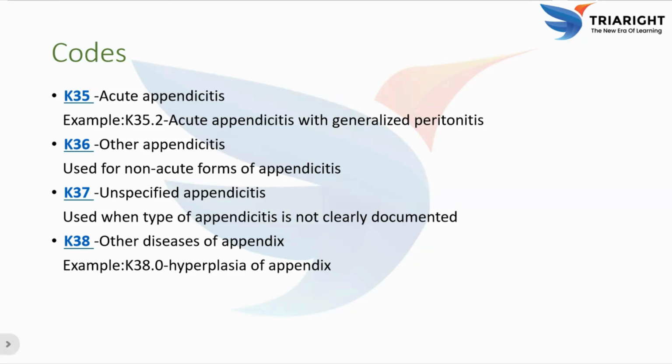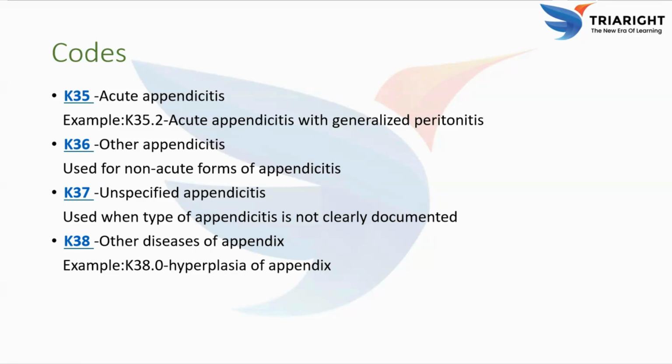So next, K37, unspecified appendicitis. Whenever the type of appendicitis is not clearly documented, like not stated as acute or not stated as chronic or not stated as other types of appendicitis, you can assign this code K37.